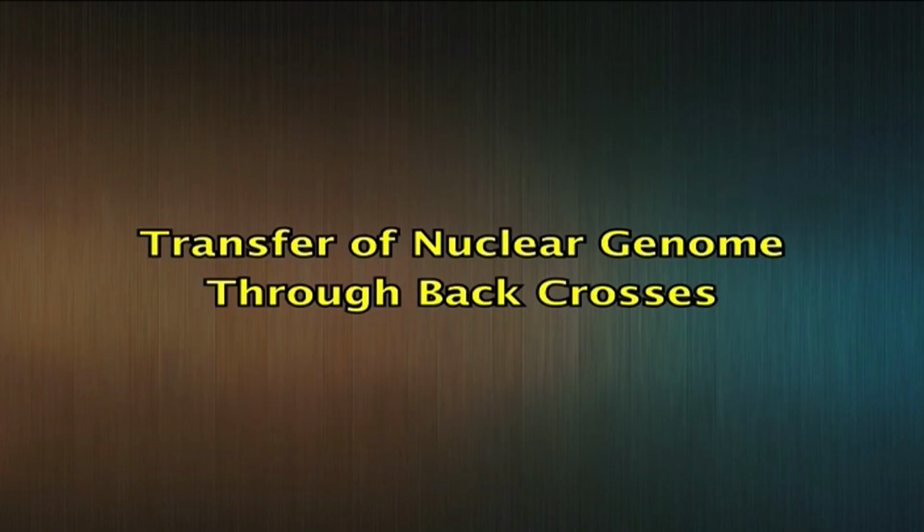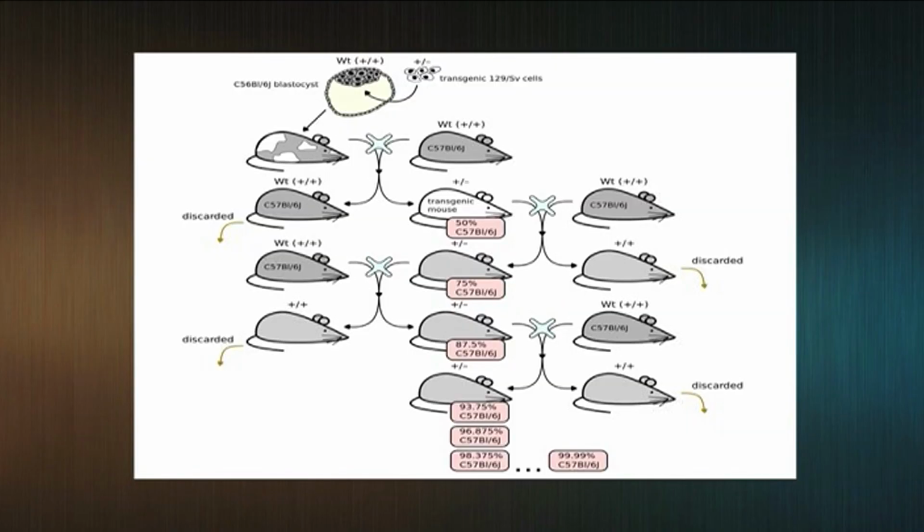Number 7 is the transfer of nuclear genome through backcrosses. The nucleus of a variety or species may be transferred into the cytoplasm of another species or variety through repeated backcrossing with the former, which is used as a recurrent male parent.